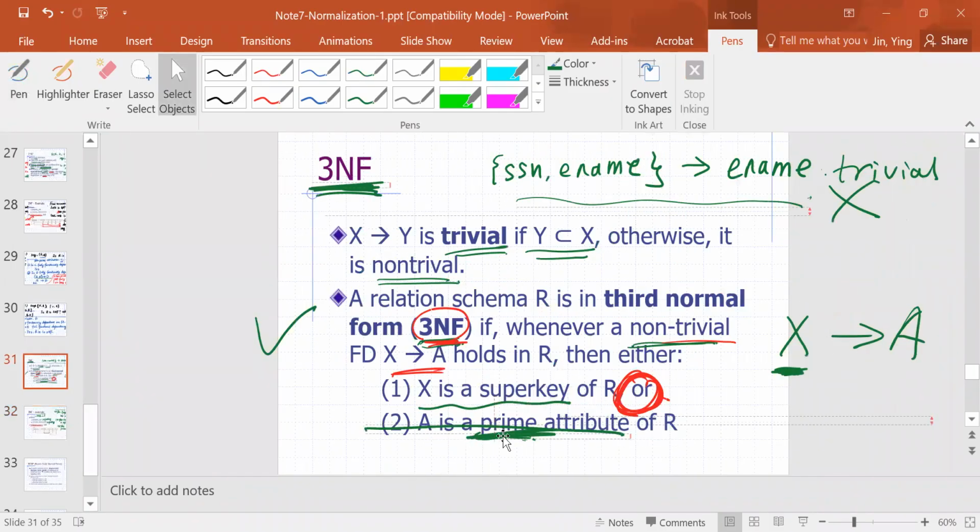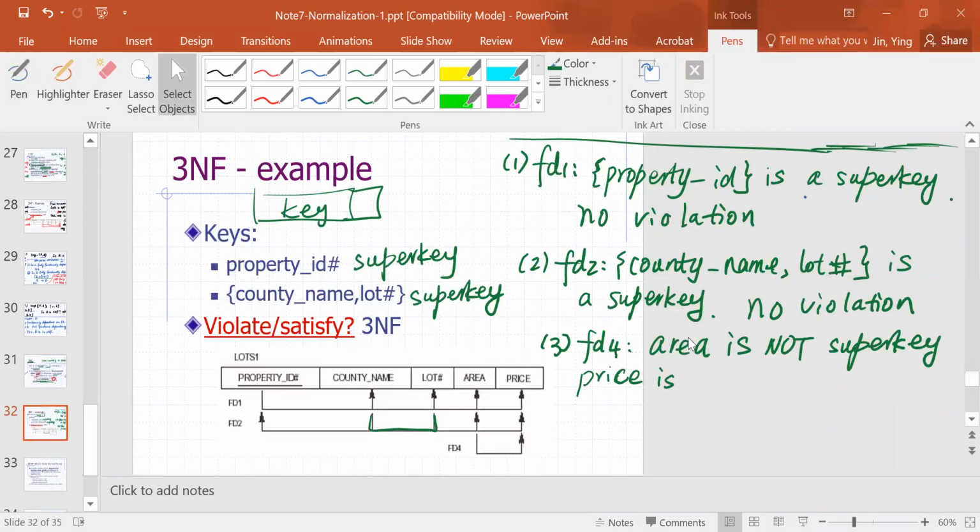We can see price is not a prime attribute. We know a prime attribute must be part of a key, right? Price is not part of this key. So that's why it's not a prime attribute. So here we found the relation, right?